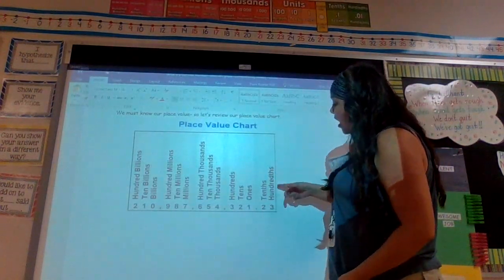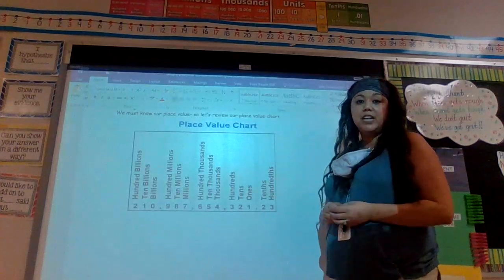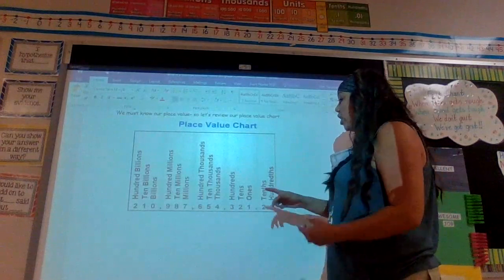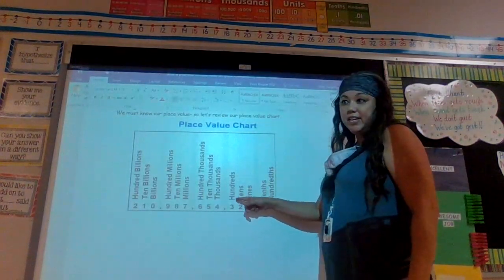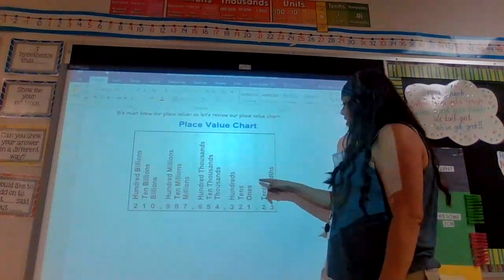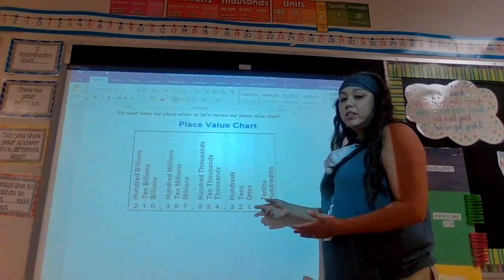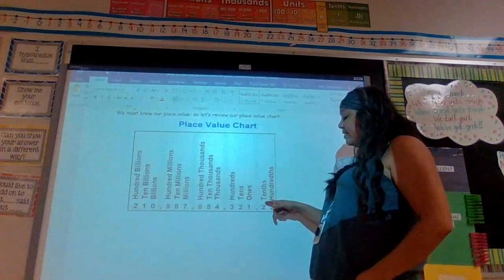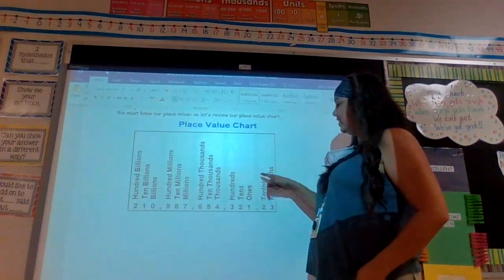And hundredths, we say it with the TH. If you've learned your place value from early on, we say ones, tens, hundreds. Instead of ones, you don't say once, but you put that TH there: tenths, hundredths.